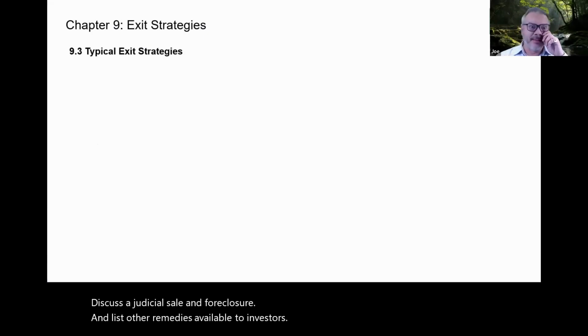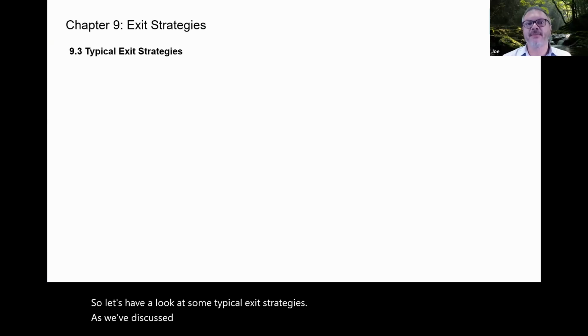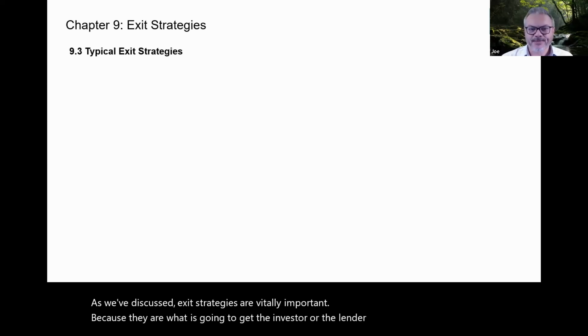So let's have a look at some typical exit strategies. As we've discussed, exit strategies are vitally important because they are what is going to get the investor lender their principal back.